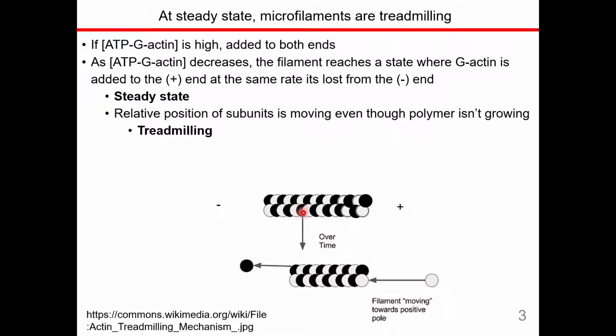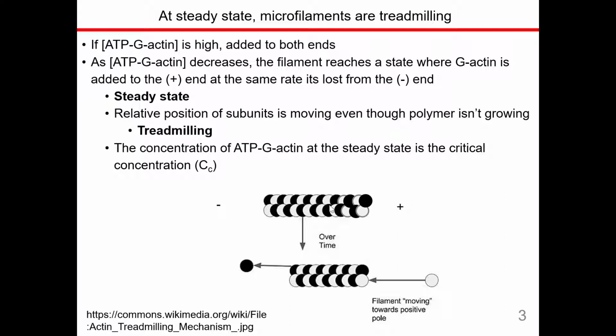In the top image here, it is right about the middle of the filament. In the bottom image, it is near the end of the filament. It's near the minus end. So it's moving relative to the plus and minus end of the filament, even though the polymer isn't growing. And we call this process treadmilling because it looks like a treadmill, right? The length of a treadmill doesn't change as it moves, but the position of objects on the treadmill do change as the treadmill moves.